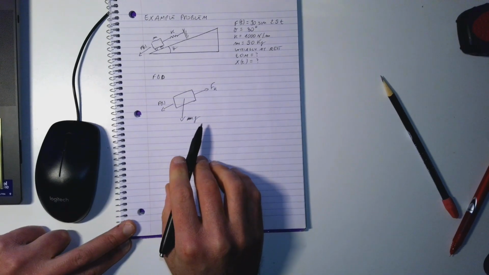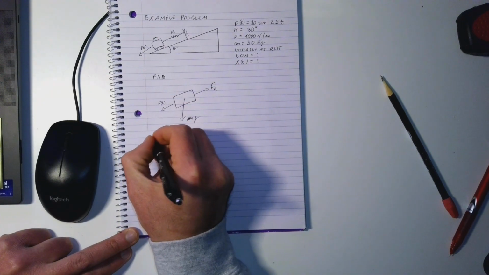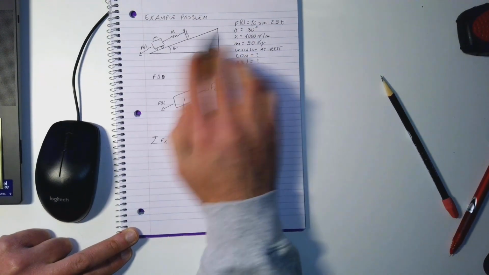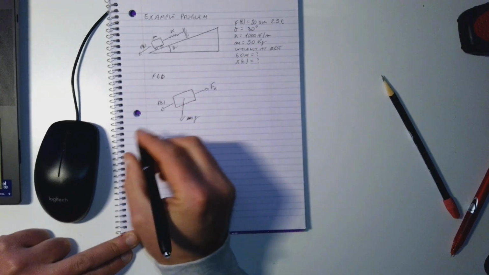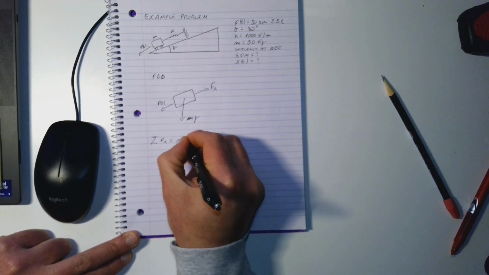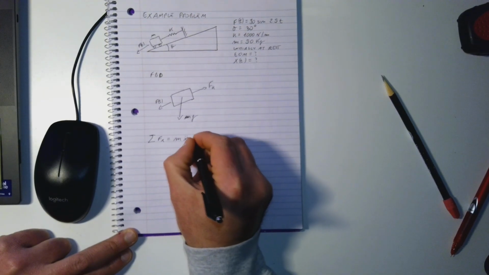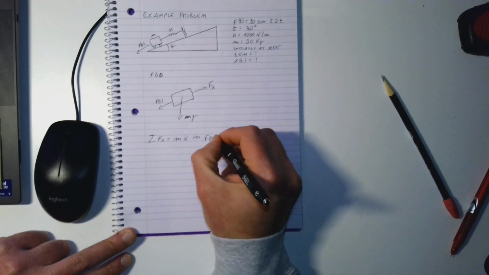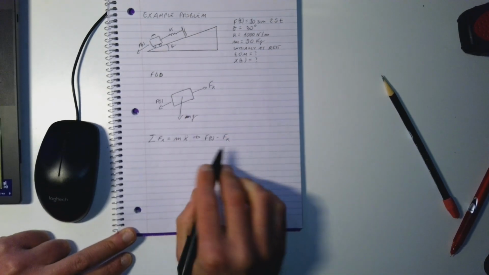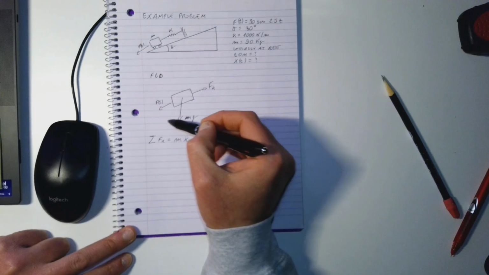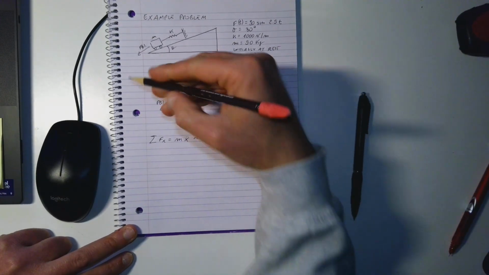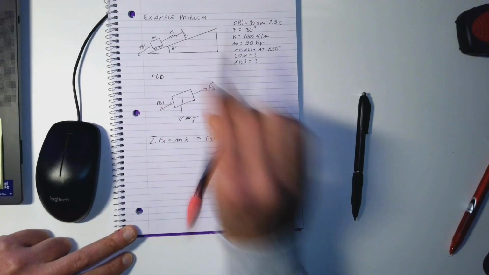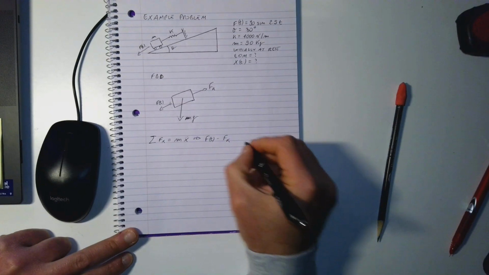Now that we have these forces, we can finally write our equilibrium equation. We always start from the summation of forces in the x direction, equal to m x double dot. That means we have F of t, the external force, minus the force of the spring, Fk, and then the component of the force of gravity in the same direction of the motion, mg.